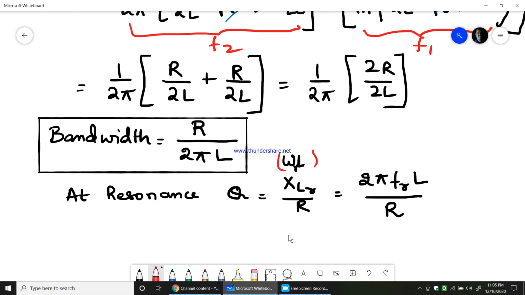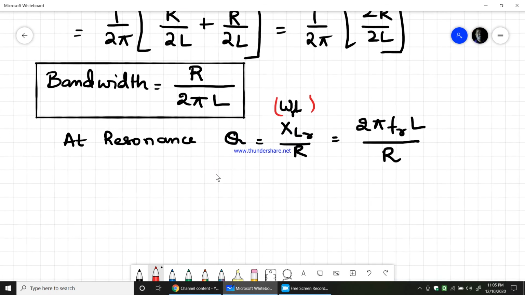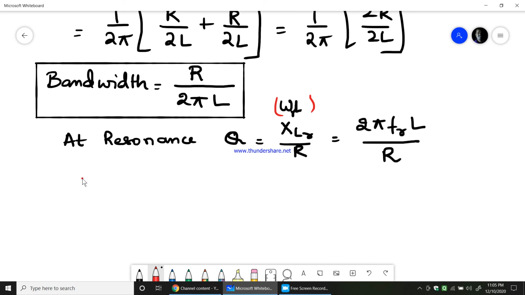So this can be written as quality factor equals FR on the numerator and 2 pi L in the denominator, R by 2 pi L. I can write it in this way.